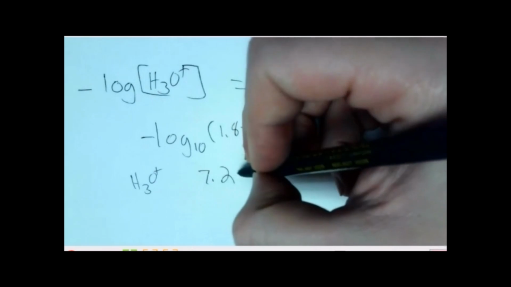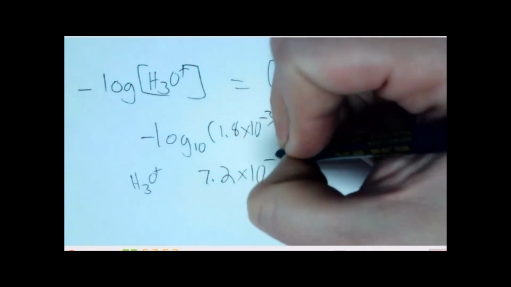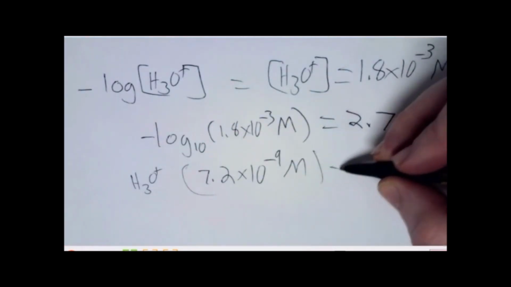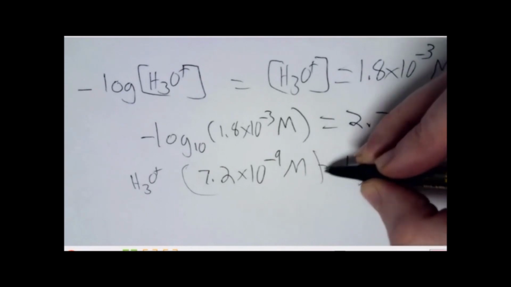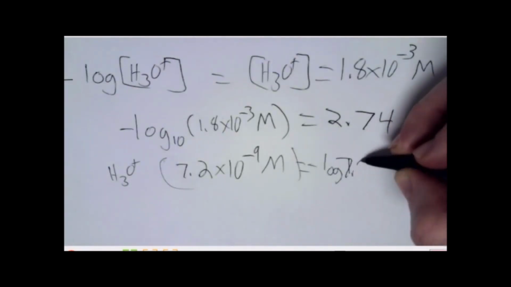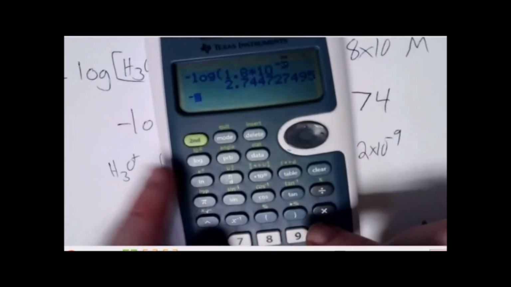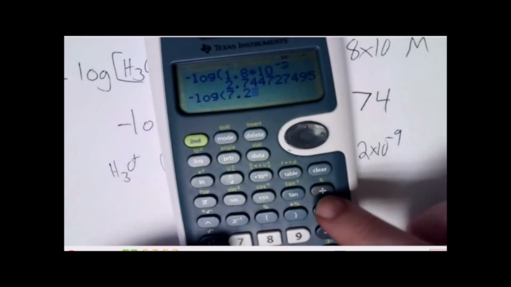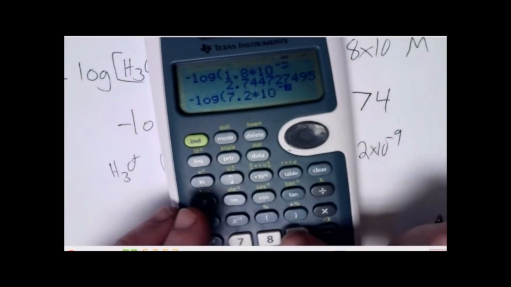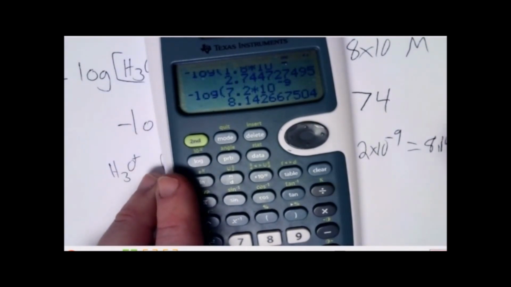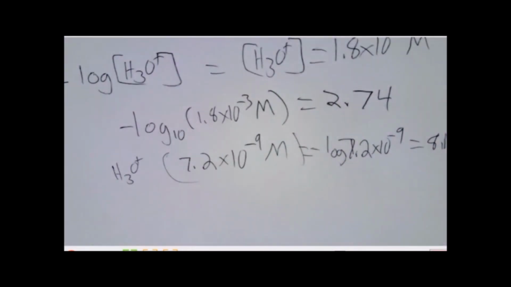If the concentration of hydronium was 7.2 times 10 to the negative 9th, which would be in the basic region, the negative log of that, negative log of 7.2 times 10 to the negative 9th, would be 8.14.